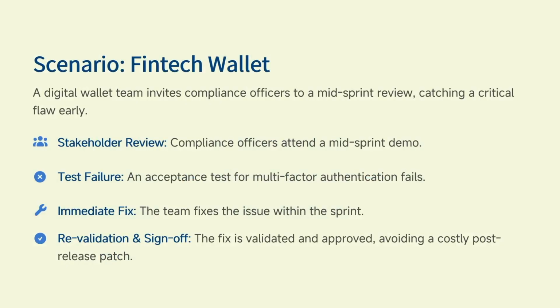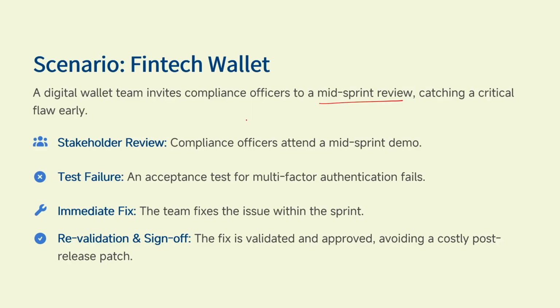So this is again an example of some fintech company. Say for example, somebody has been invited to do a mid-sprint review. So you are in the middle of a sprint, working on a particular project, a module, where a new compliance officer has been invited to check for some critical flaws.